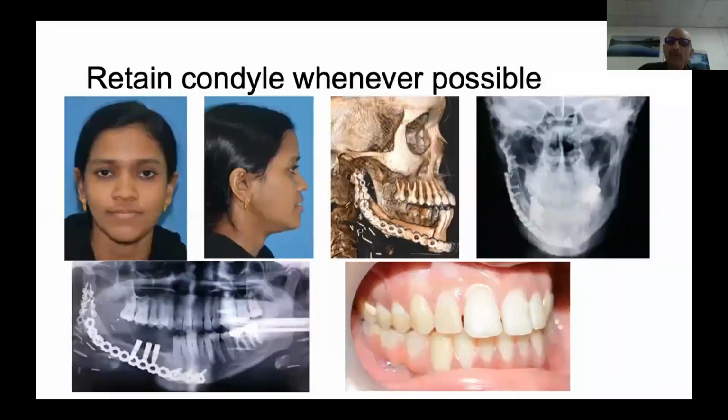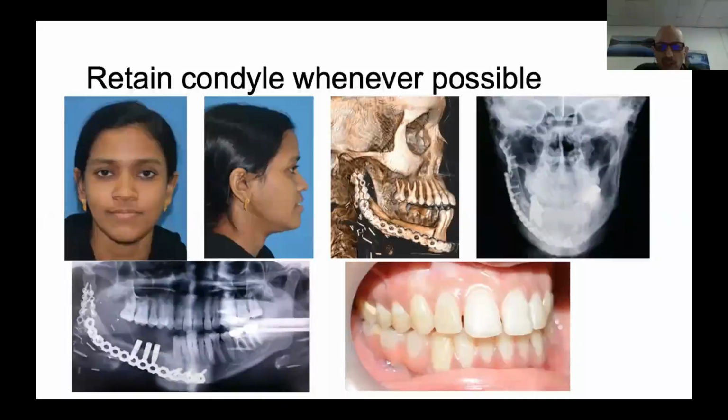The 3D reconstruction has been done, and the models have been taken, based on which the plate has been prefabricated and pre-bent, and thereafter the precise cut has been given, the condyle is preserved, and then this kind of outcome can be achieved by plating.